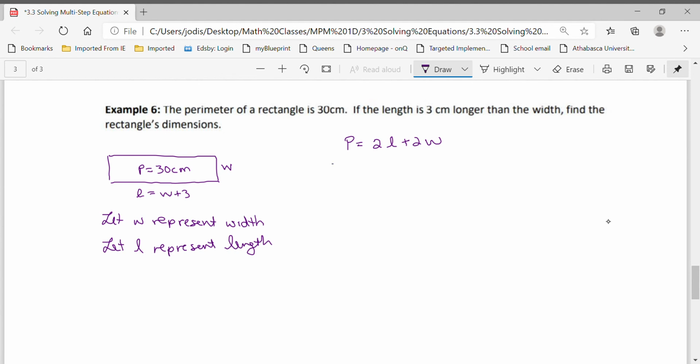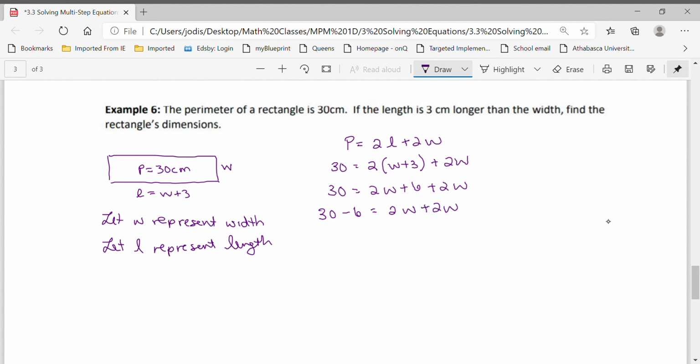I know that the perimeter is 30. And then in this case, I'm going to use my little equation here. So the length is the width plus 3. And then width is just width. So I'm going to distribute here first. So 2W plus 6 plus another 2W. And then I'm going to move all my variables to one side and constants to the other.